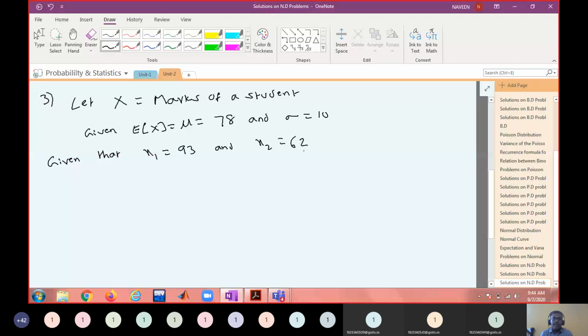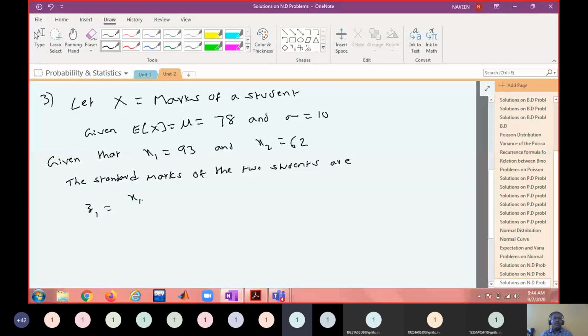And we are asked to find out the standard marks. What is the formula to compute the standard mark? Standard mark is nothing but the standard score, no? So the standard marks of the two students are Z1. What is the formula for Z1?